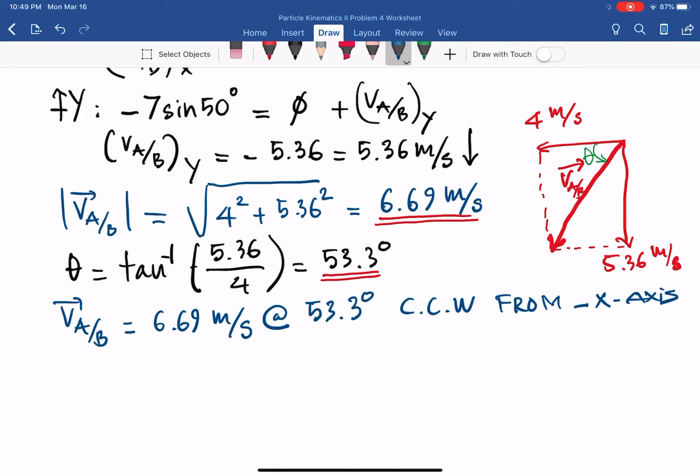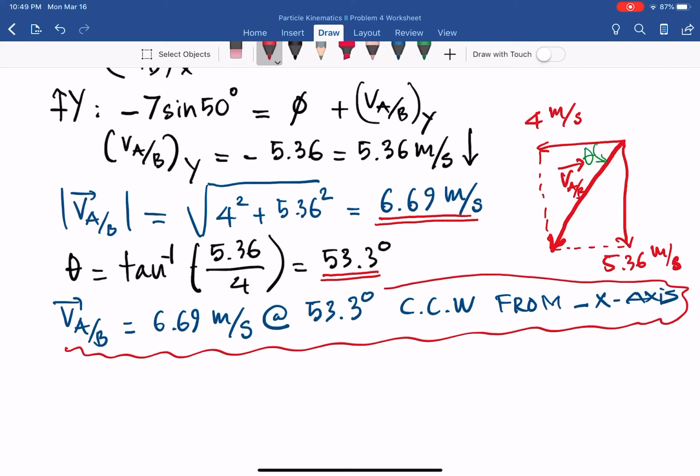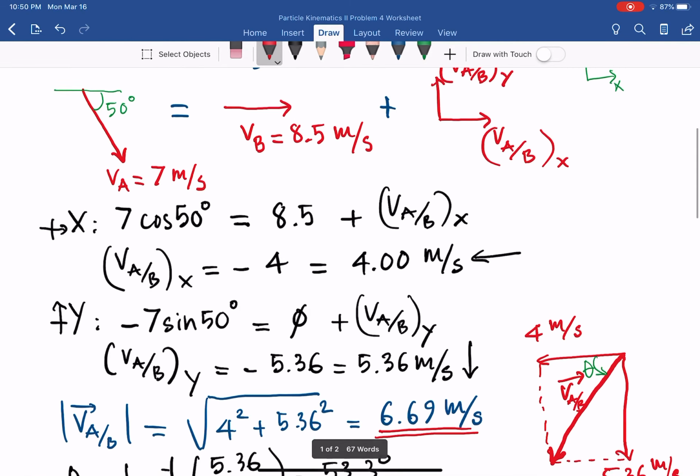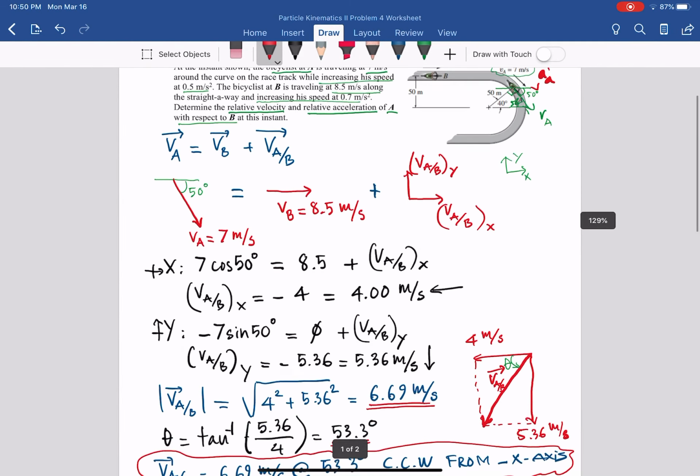So with that, we finish the first part of the solution, the relative velocity of bicyclist A with respect to bicyclist B. And we go to the next video to show how to solve the relative acceleration for this problem.